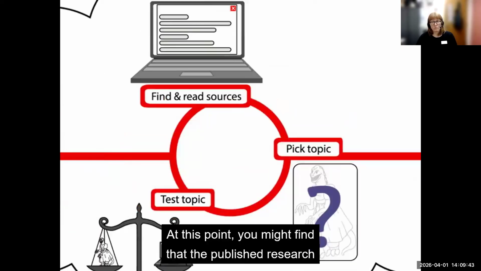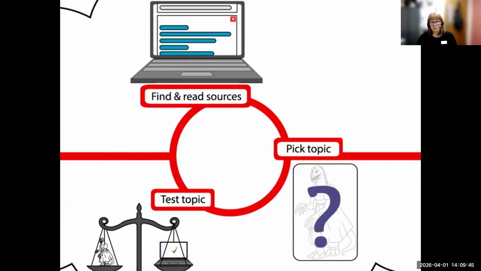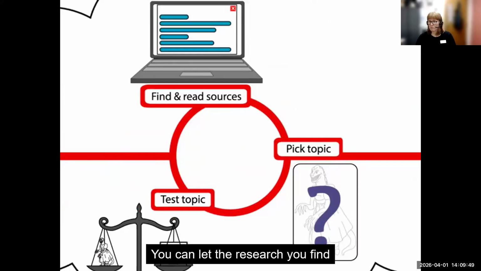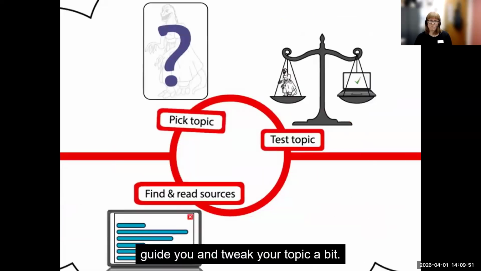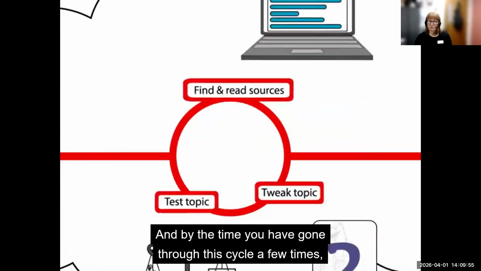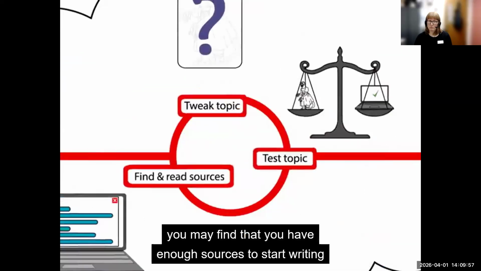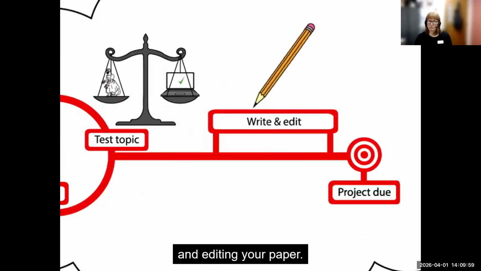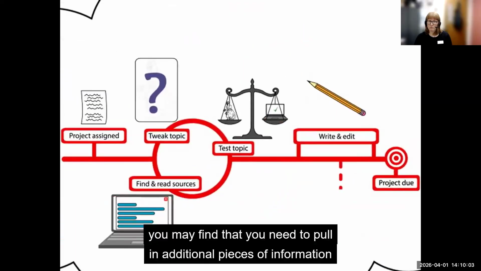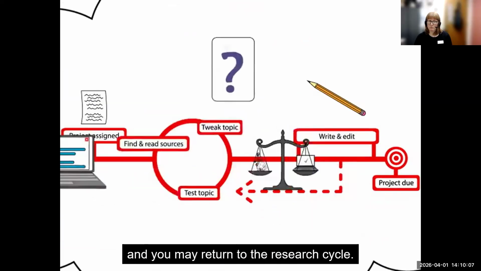At this point, you might find that the published research leads you away from your original topic. That's okay. You can let the research you find guide you and tweak your topic a bit. And by the time you've gone through this cycle a few times, you may find that you have enough sources to start writing and editing your paper. Even then, as you're writing, you may find that you need to pull in additional pieces of information, and you may return to the research cycle.